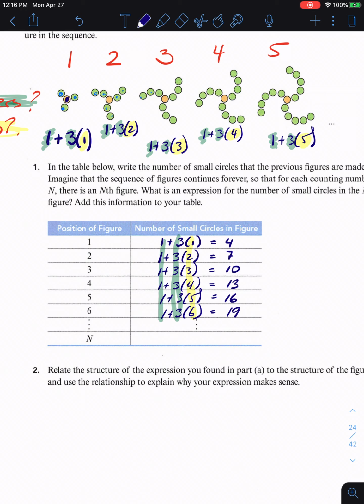So when we need to be looking at the nth term, we'll still know that the middle dot is going to be on its own. There's going to be one of them. And there will be 3 arms, and each one of them will be n long. So we can write it as 1 plus 3n.